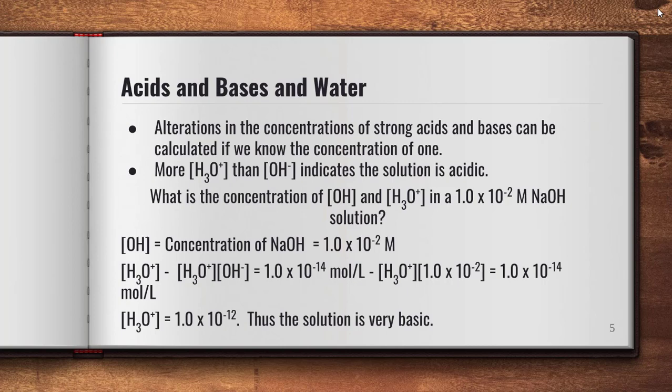So the H3O+ concentration is 1.0 times 10 to the negative 12th. That's a very, very low concentration when you consider the OH- concentration is 1.0 times 10 to the negative second. Therefore, this solution is going to be very, very basic. There are a lot more hydroxide ions than acidic ions when we put them into solution.